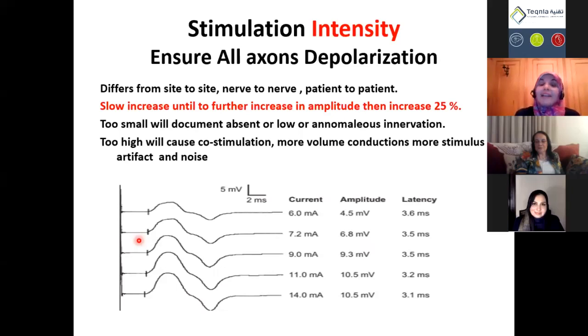And also, we know that we pick up near potentials, the desired ones that I want, and we also pick up far potentials that I don't want. So increasing the intensity will produce more volume conduction. Far field potentials will cause a more distorted response.